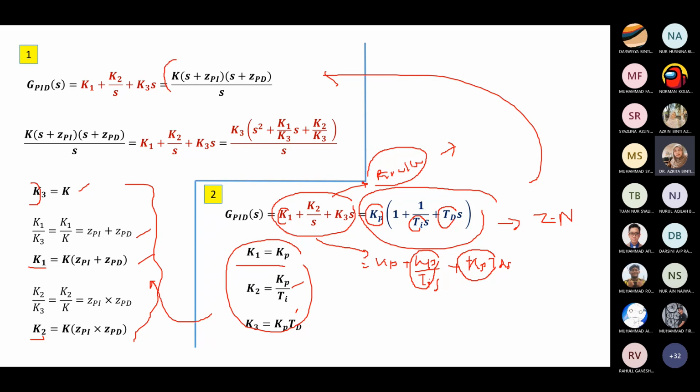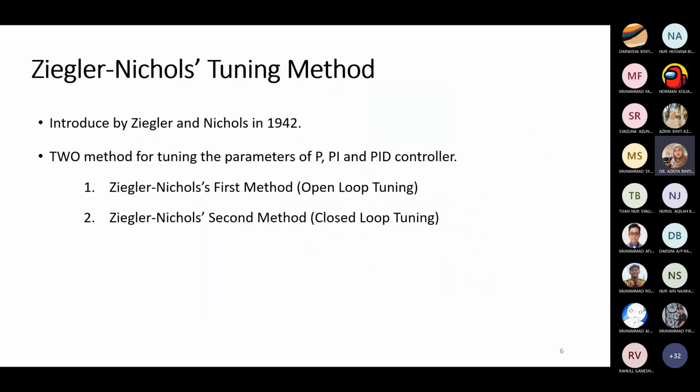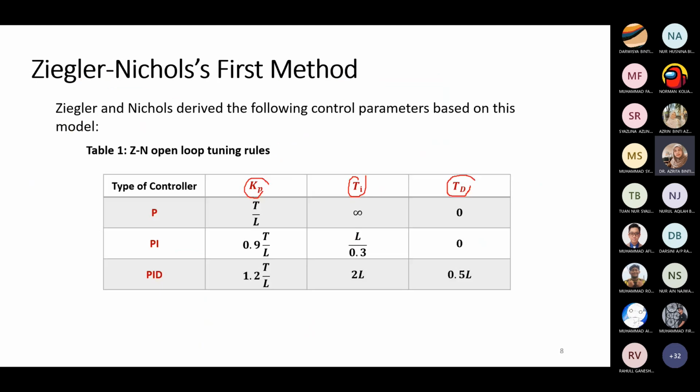Before this, using the root locus method, when we wanted to design the PID controller, we needed to find the zero of PI, the zero of PD, and the value of gain K. Same concept for the Ziegler-Nichols values: we need to find Kp, Ti, and Td. But for the Ziegler-Nichols, to find all these values, we refer to the table called the ZN open loop tuning rules.